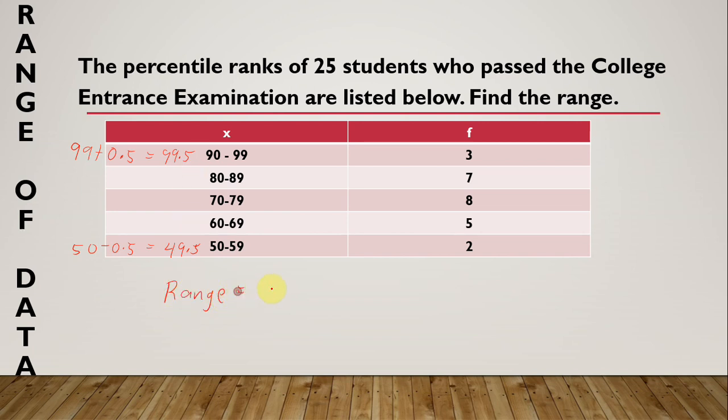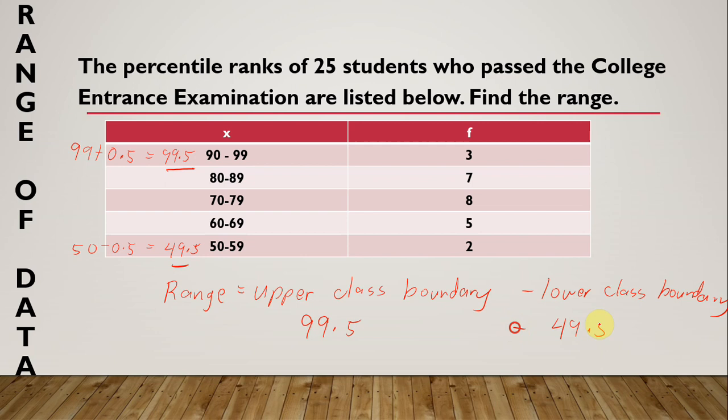So again, range is equal to the upper class boundary minus lower class boundary. And our upper class boundary is 99 and 5/10, and the lower class boundary is 49 and 5/10. 99 and 5/10 minus 49 and 5/10 is equal to 50. So it means na ang range po natin para po sa example na ito ay 50.